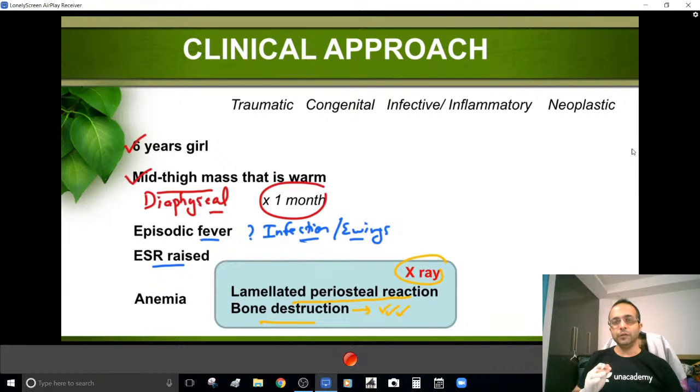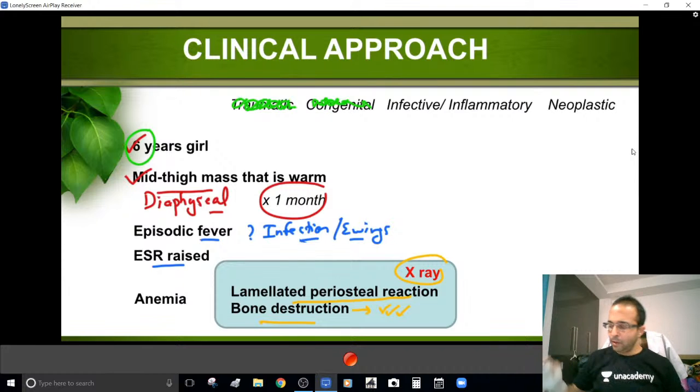And these are the relevant findings from the history. Now any lesion would either be traumatic or congenital or infective inflammatory or neoplastic. These are the only 4 categories where you can group any lesion. Now in this lesion there is no history of trauma, nothing like that. So the traumatic lesion is not a possibility. You have this age of 6 years, so something that's congenital, again not a possibility.